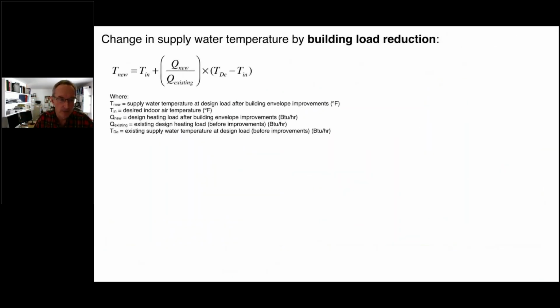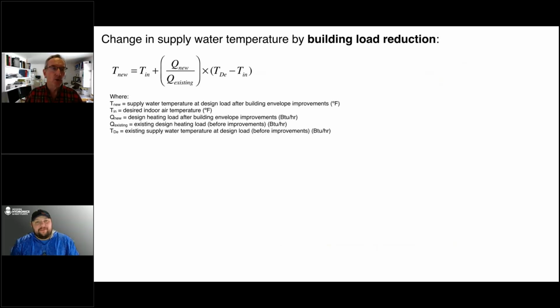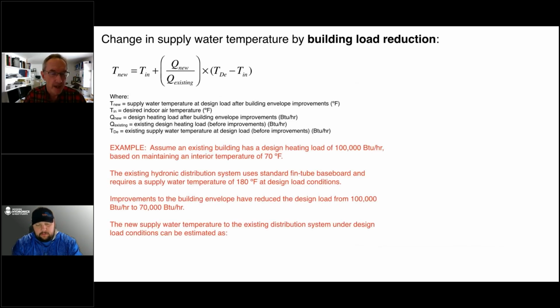This is a pretty simple formula. This allows you to calculate a new supply water temperature based on an existing load and an existing supply water temperature. It allows you to find out how much lower I can bring that water temperature. So let's just do an example. We're going to assume we have a building.